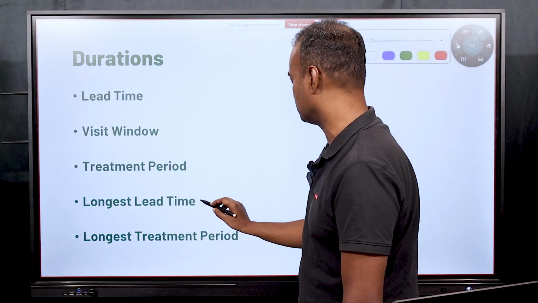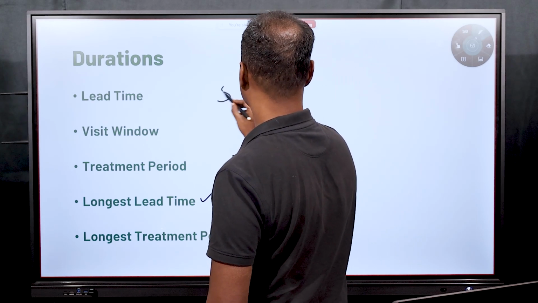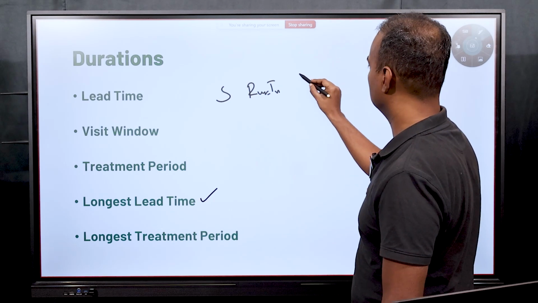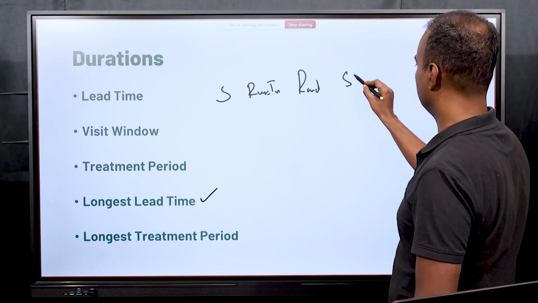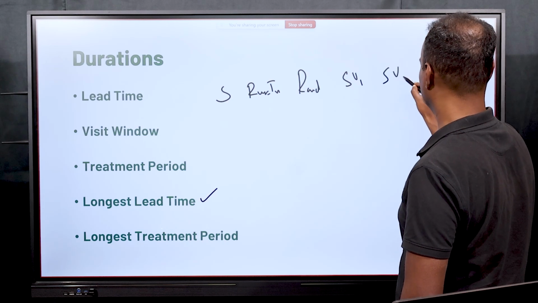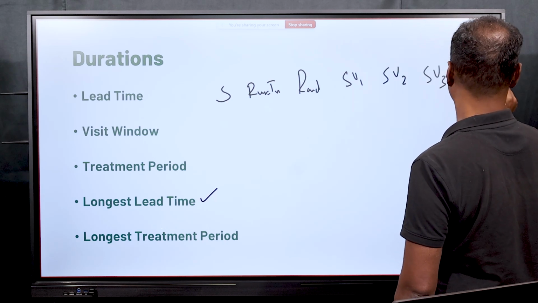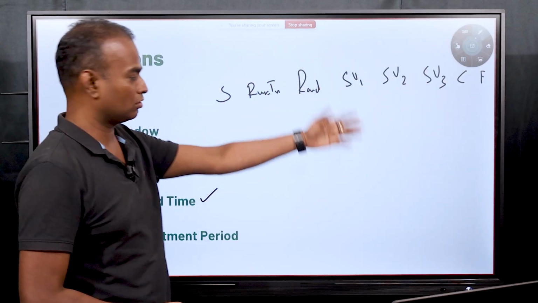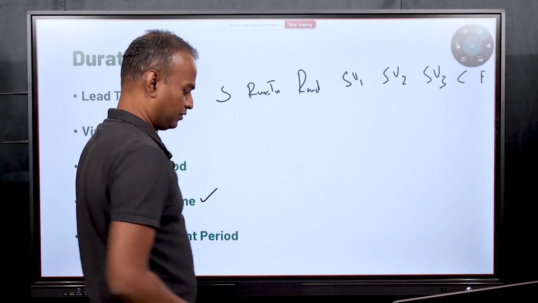What is meant by longest lead time is, for example, there are several visits: screening, run in, randomization, then scheduled visit 1, scheduled visit 2, scheduled visit 3, completion and follow up. In a clinical trial there are different visits, a sequence of visits.